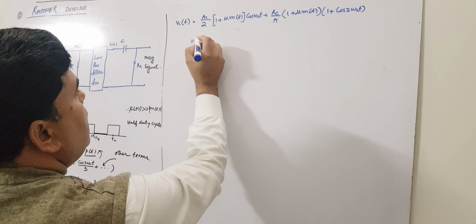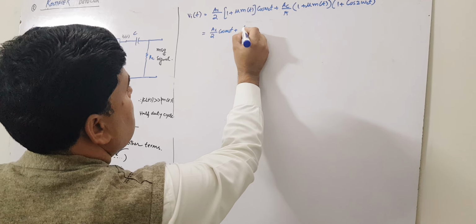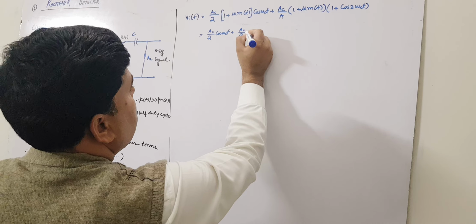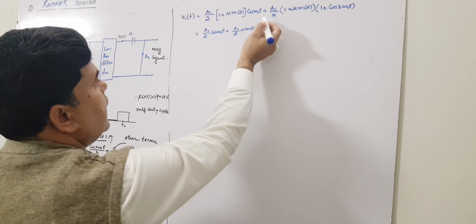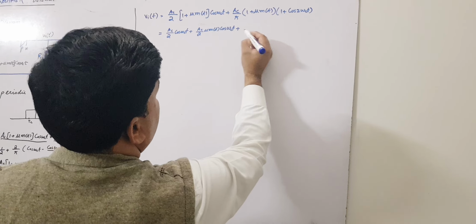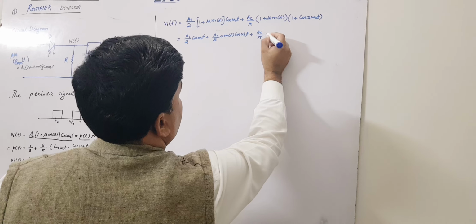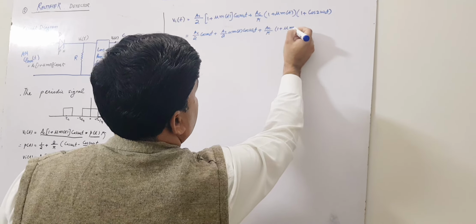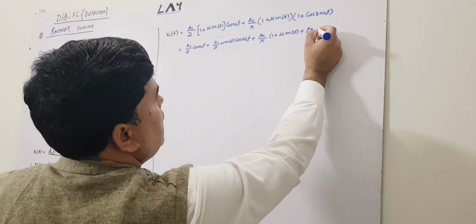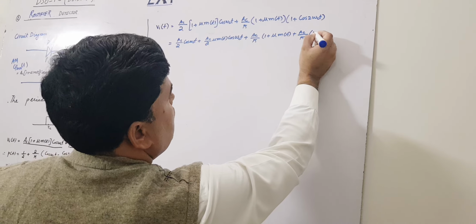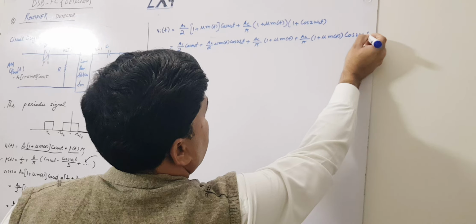If you multiply this out, it will be equal to Ac by 2 cos omega_c t plus Ac by 2 mu m(t) cos omega_c t, and then Ac by pi into (1 + mu m(t)), plus Ac by pi into (1 + mu m(t)) cos 2 omega_c t.